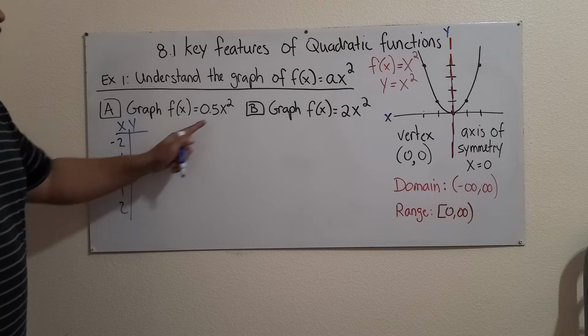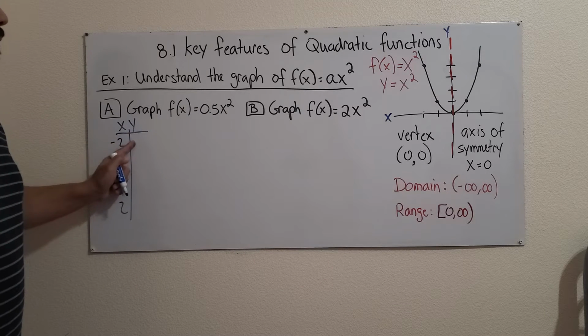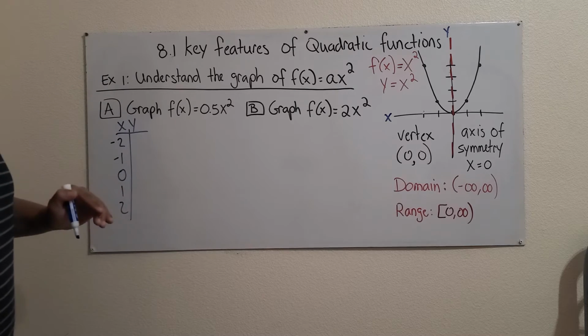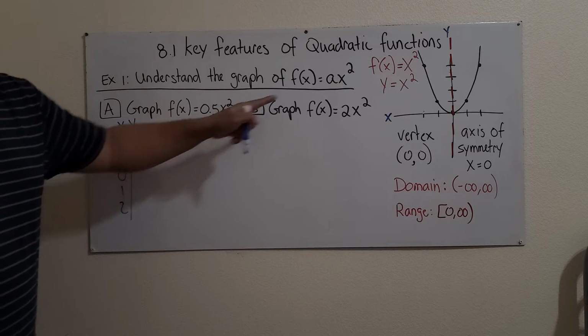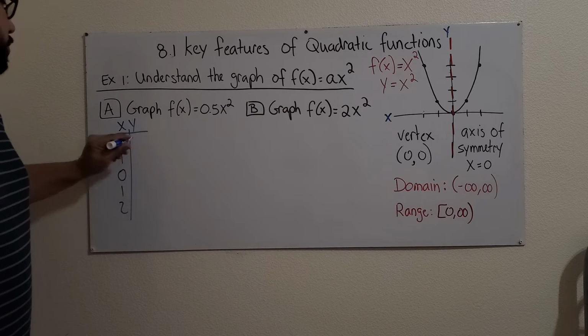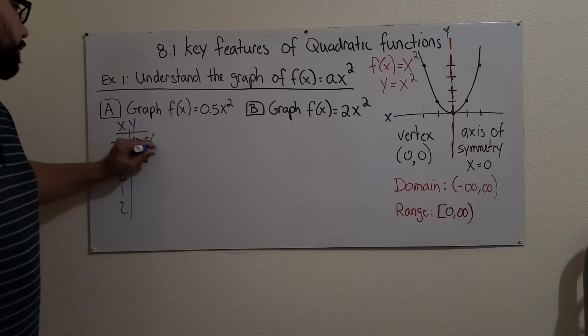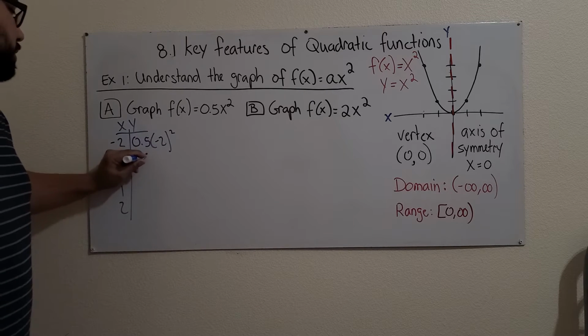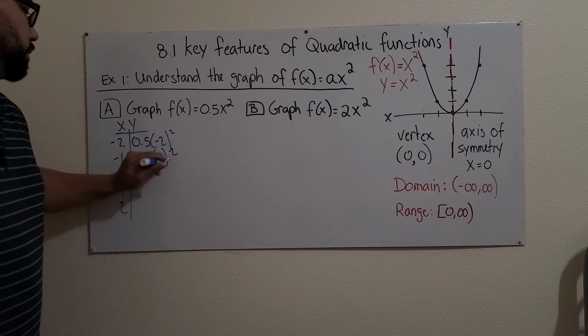So I'm going to plug this into this equation to figure out what my y is, and then I'm going to plot all of these points. All right, you guys ready? Here we go. Keep in mind f of x, I wrote over here, f of x is the same thing as y. So if you plug in negative 2, it'll say 0.5 times negative 2 squared. If you plug in negative 1, it'll say 0.5 times negative 1 squared.